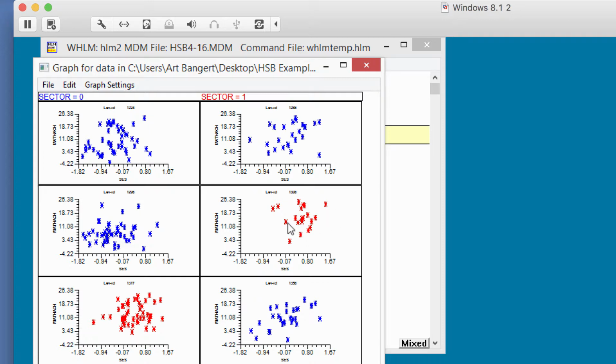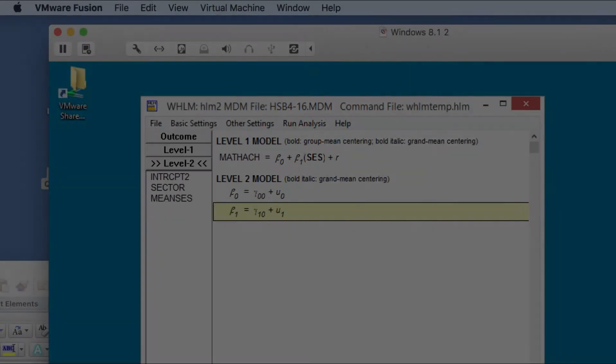We can see that for this school, which is a Catholic school, they have higher math achievement accompanied by higher socioeconomic status, whereas this school is a public school, with individuals with lower SES accompanied by lower math achievement scores.